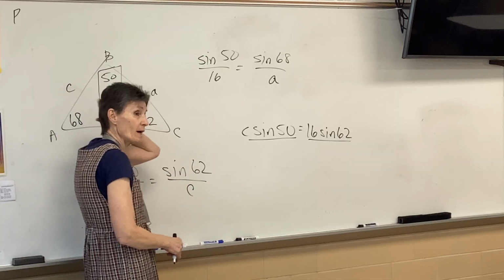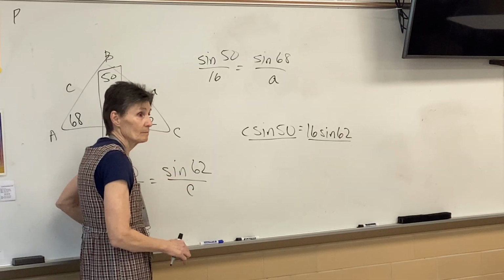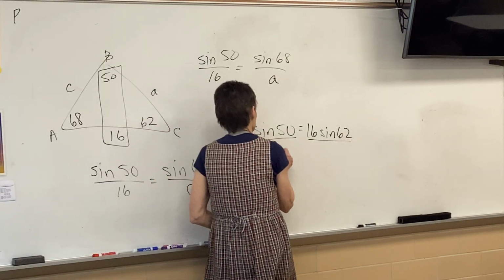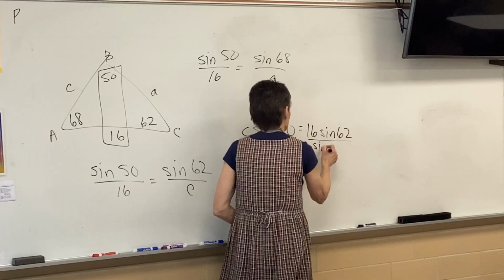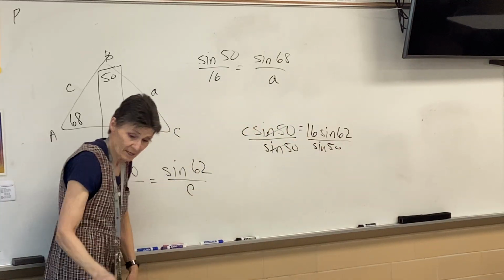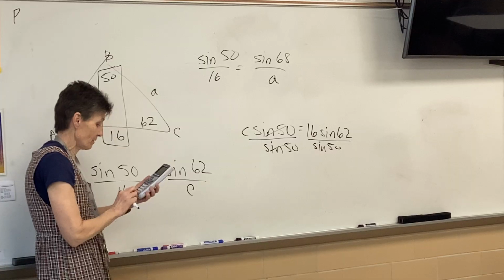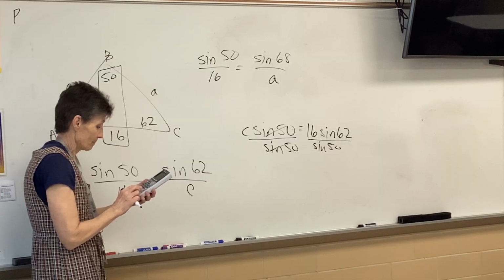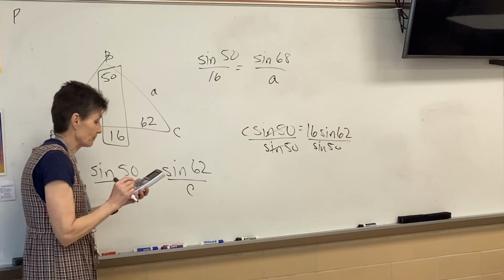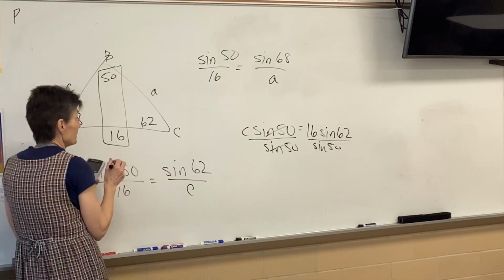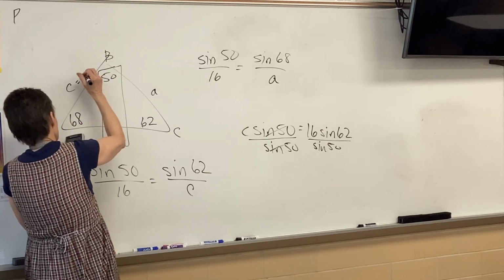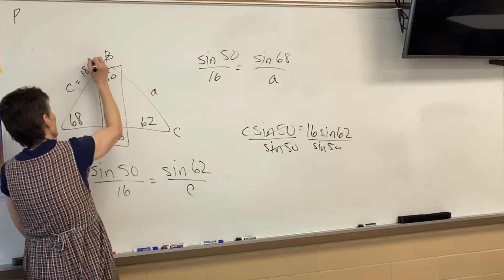So what will I divide by? Sine 50. And that's your work right there. So that's what we're going to type into our calculator. And let's see, this is C. So C is 18.44.